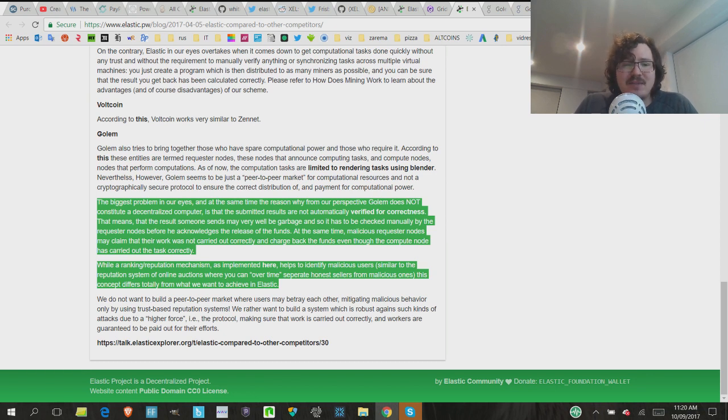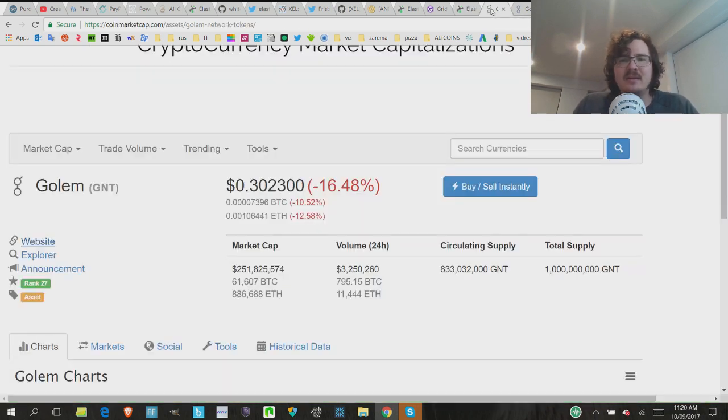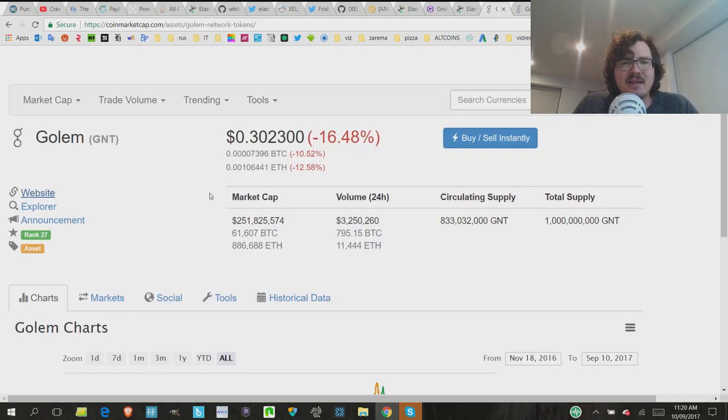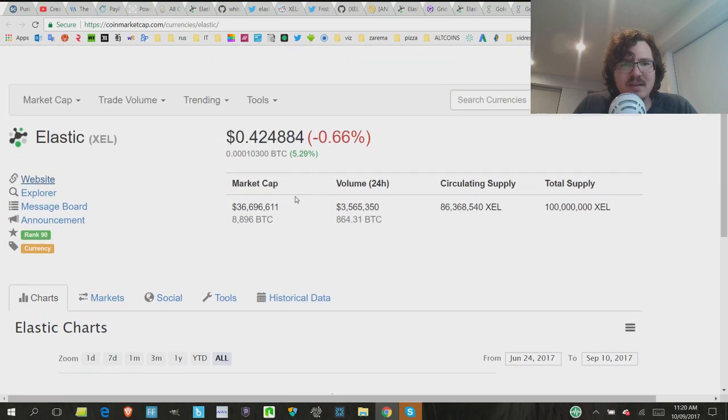But again, we have to actually see this product, see it being used. And Golem is doing what these guys aren't quite doing at the moment. So that is something to keep in mind. Obviously, Golem has a $250 million market cap to Elastic's $36 million market cap.